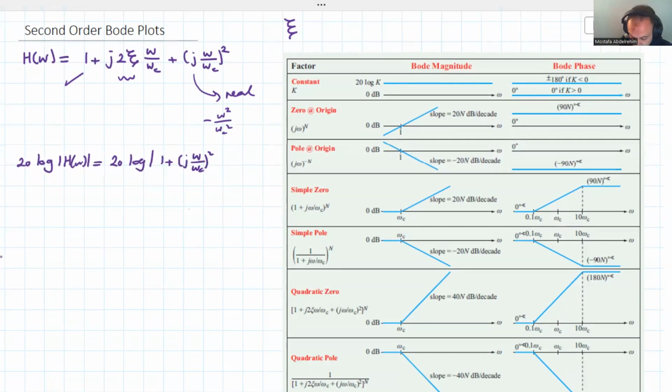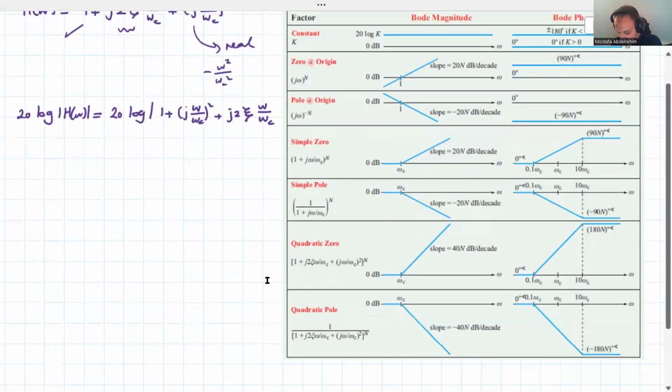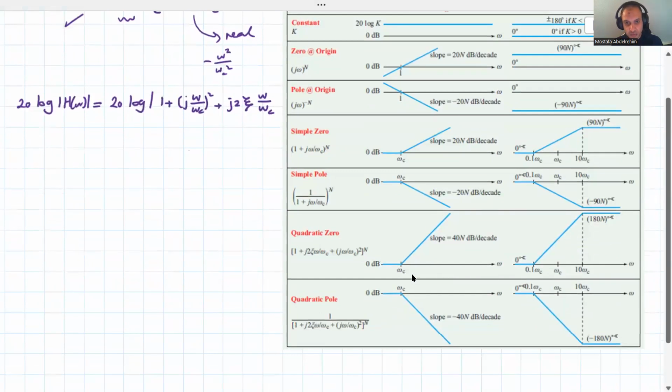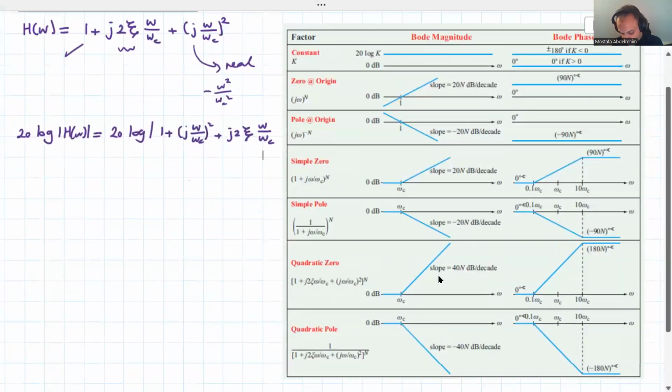I'm gonna switch the position, plus j 2 zeta omega over omega c. Okay, I'm gonna explain to you how these 2 drawings came about. Of course, that case here is the one where h of omega is positive at high frequency, zero at low frequency.